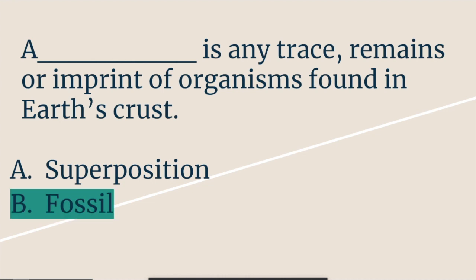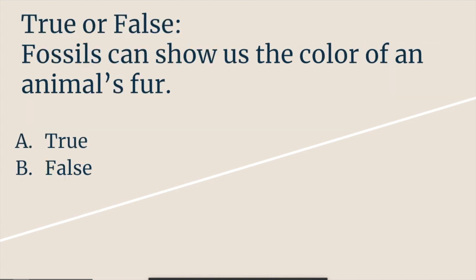We have learned that fossils are created using animal and plant bones, and they make their imprints on mud, and then over many years they get hardened into rock, which is where geologists find them. A fossil is any trace, remain, or imprint found in the Earth's crust.